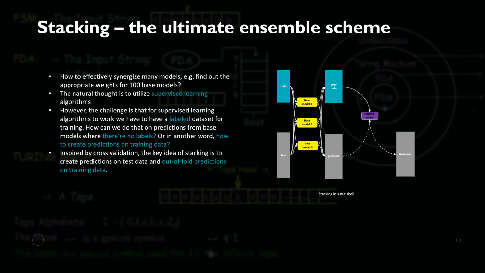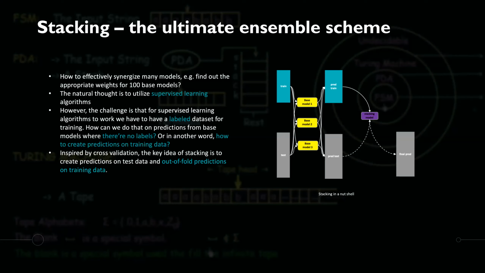In order for a supervised learning model to work, we need labeled data, right? We need a set of data with labels. But here we are talking about finding the weights for predictions, and for predictions we don't have a ground truth.